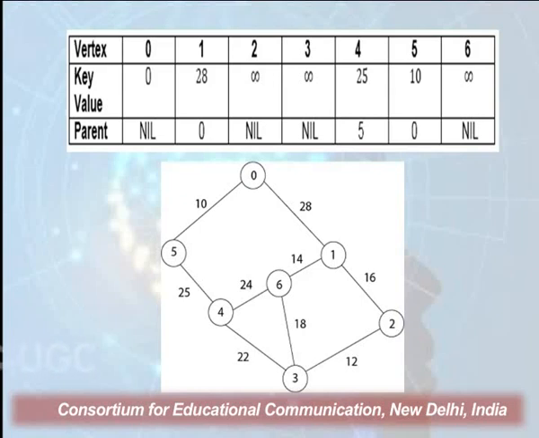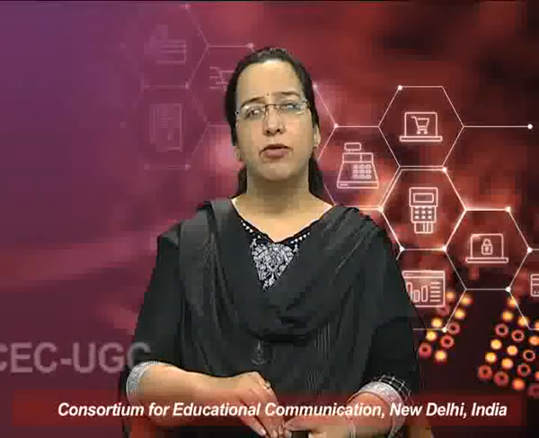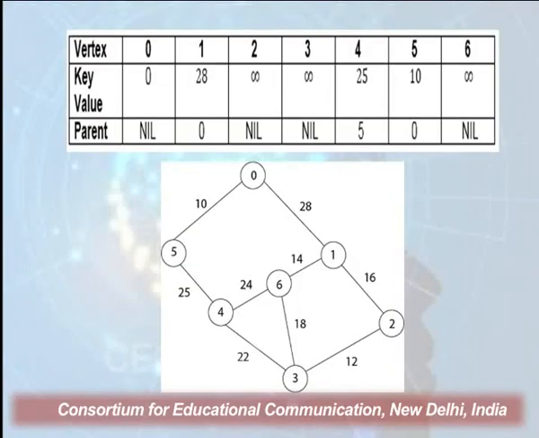And now please assume that 5 has already been taken off from the min priority queue because of the extract min module. Now, whatever choices we have, we have 1 with key value 28 and 4 with key value 25.